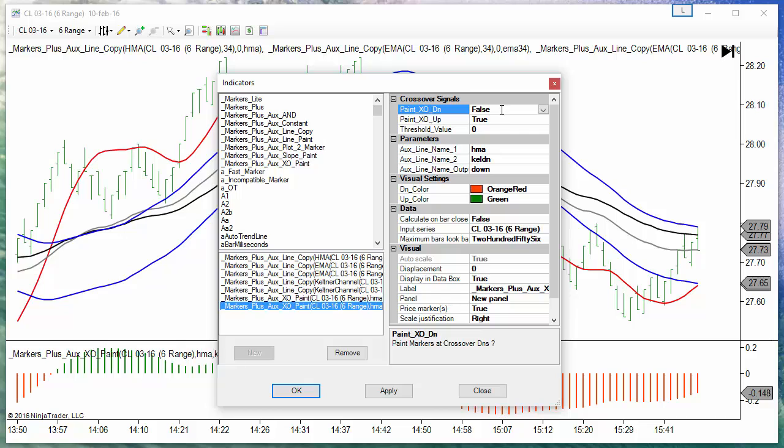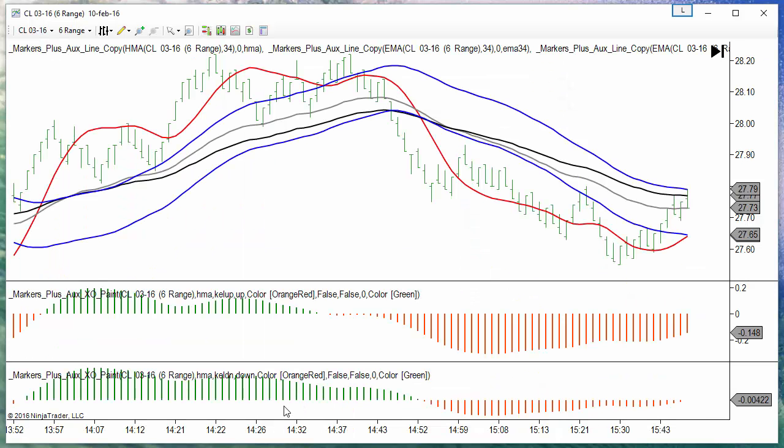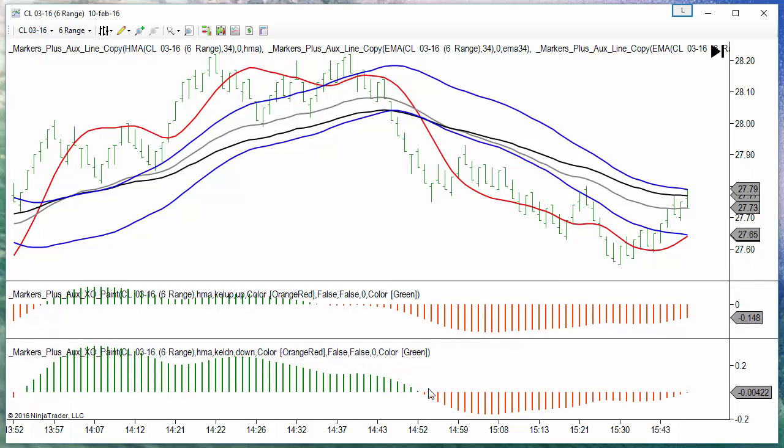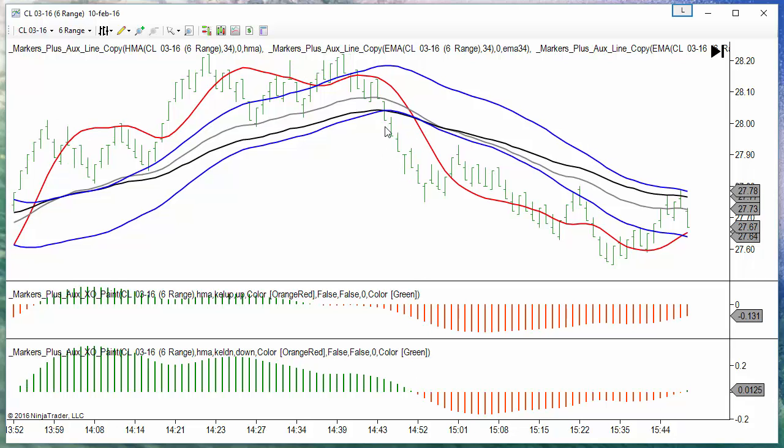Also, I don't want signals here. When this is negative, when this is red, the red line is below the envelope.